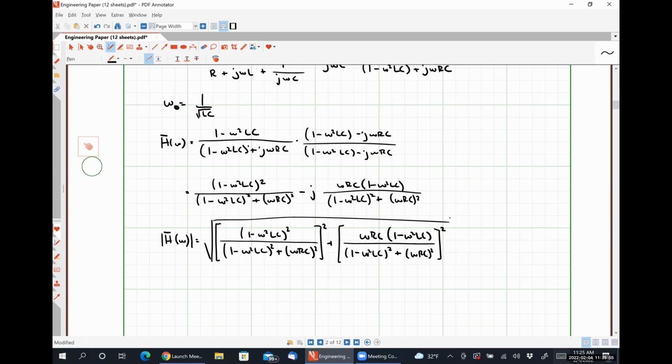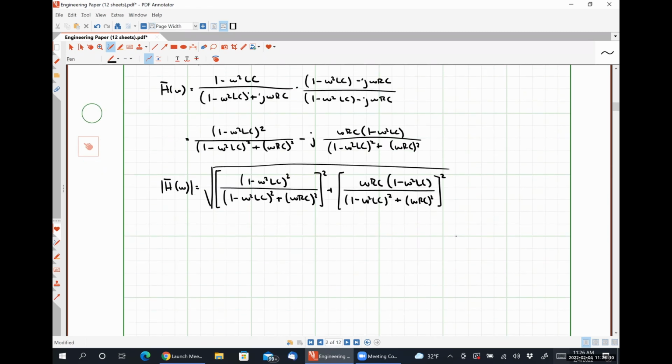And now we're going to have something very similar to what we had with the previous example, except that we're going to have a common factor of 1 minus omega squared LC squared that's going to get factored out of everything. So kind of jumping ahead to that step where we've already done the factoring, we're going to have 1 minus omega squared LC quantity squared plus omega RC quantity squared in our denominator.